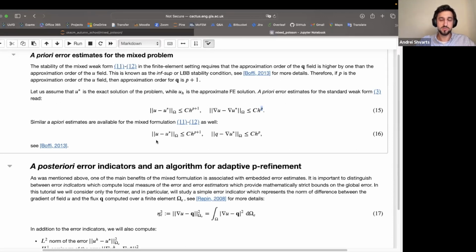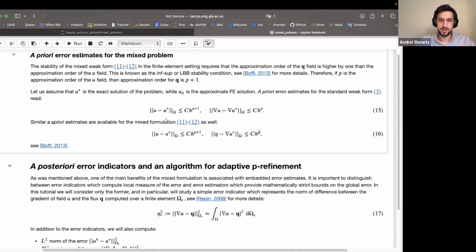Then if you look into the mixed formulation, we get exactly the same properties, that U is converging to the exact solution with an order p+1, and Q, which is the variable for the flux, is converging to the gradient of the exact solution with an order p. So what's the main point over here?